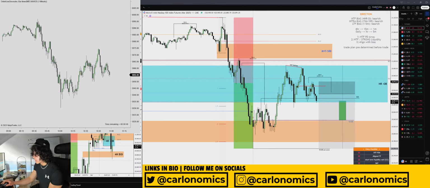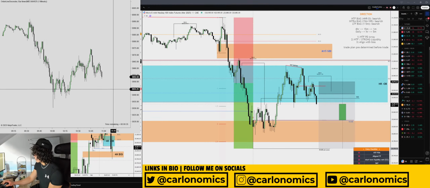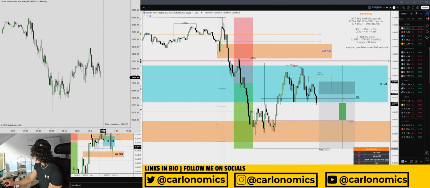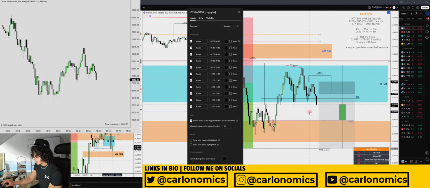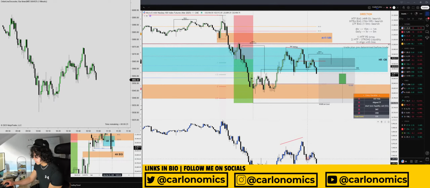So we're not really getting that retracement into that 1-minute for value. Let's see, are there any SMTs at the lows?